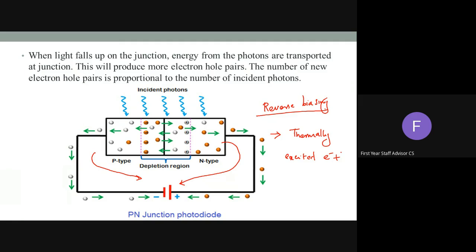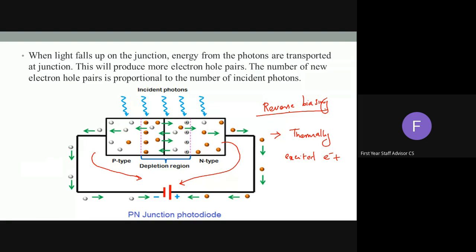So atoms and molecules will possess energy. Due to this thermal energy, a tiny amount of electron hole pairs are produced in this depletion region. So if we apply some voltage, we can observe a tiny amount of reverse current flowing through this circuit.